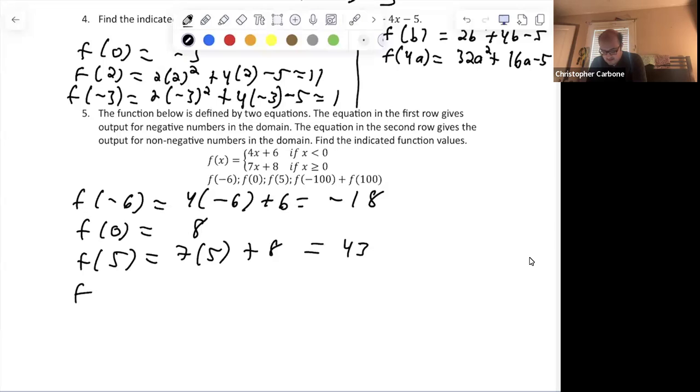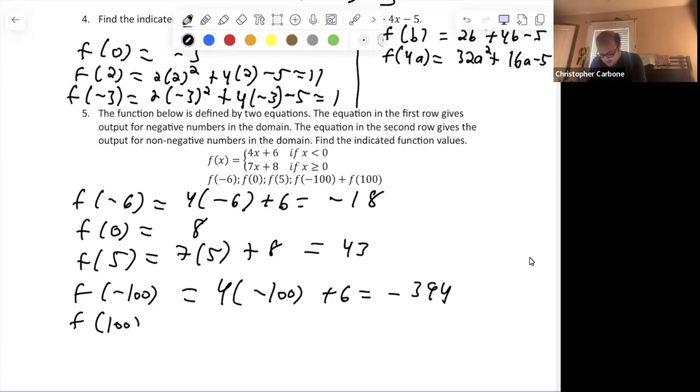And then we need f of -100. So 4 times -100, so -400. -400 plus 6 will be -394.